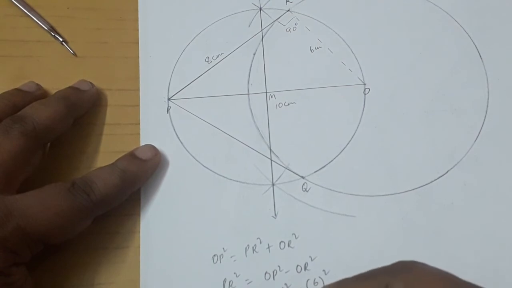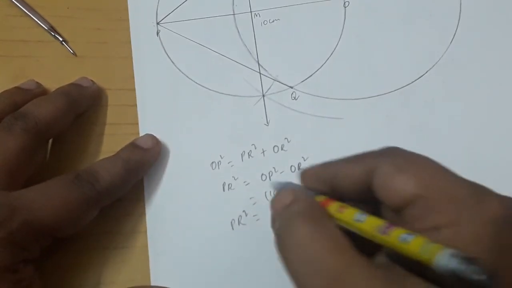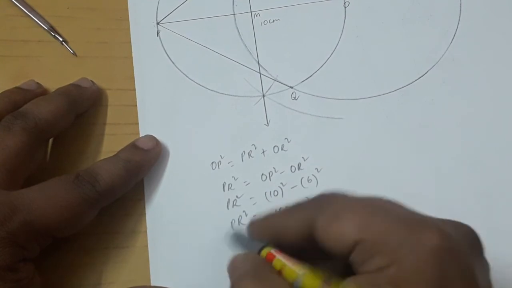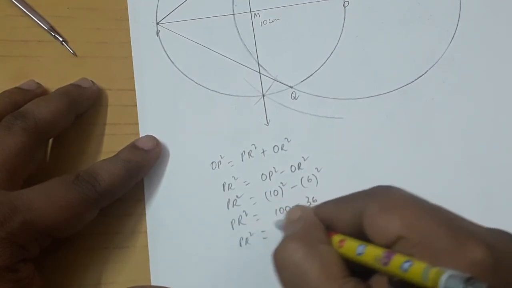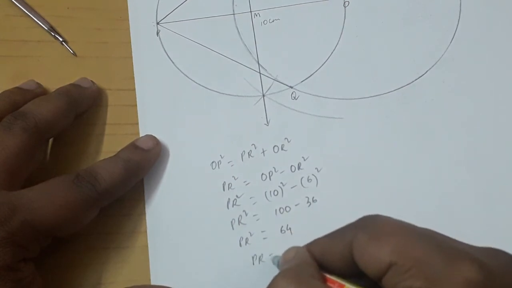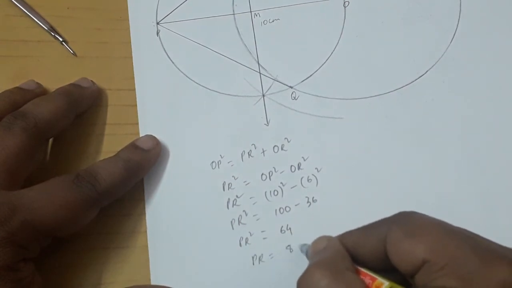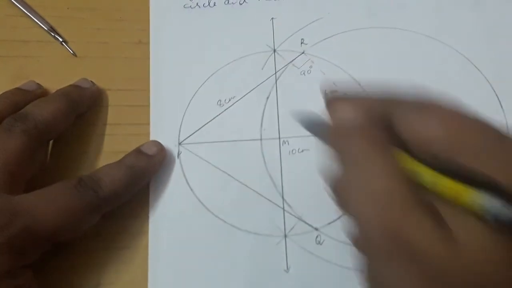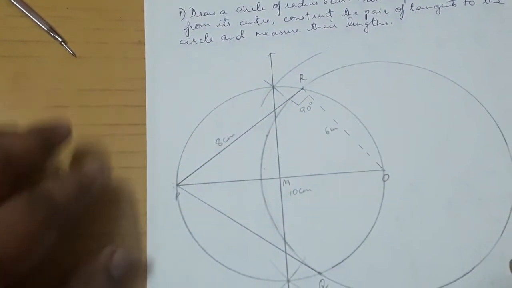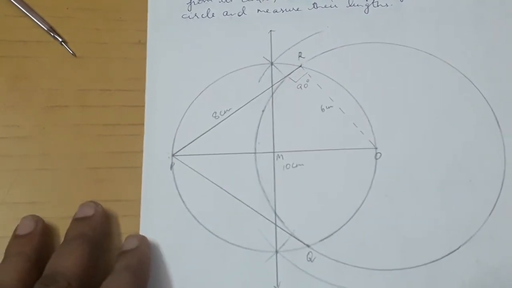It comes to 100 minus 36, and that is PR square, which means PR square will be equal to 64, which means PR will be equal to 8 centimeters, just what we got via measurement as well. Okay, so this is how we construct tangents.